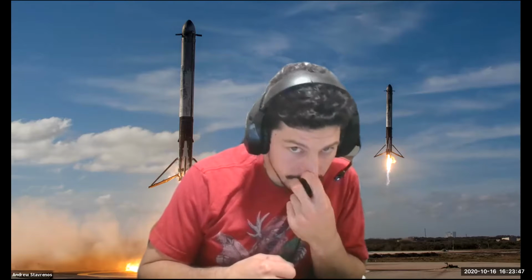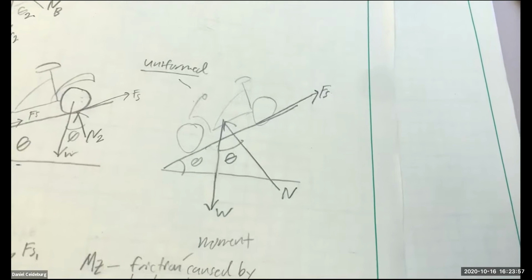All right, and then the bike. So I got normal one, normal two. You have the weights, you have the angles, and those will be the same angle. And then you got friction. In the drawing to the right, why do you have the normal pointed to the middle of the bike?